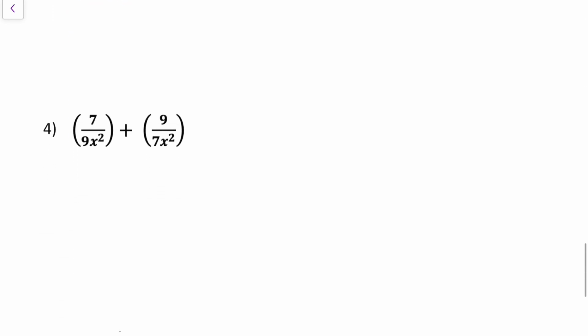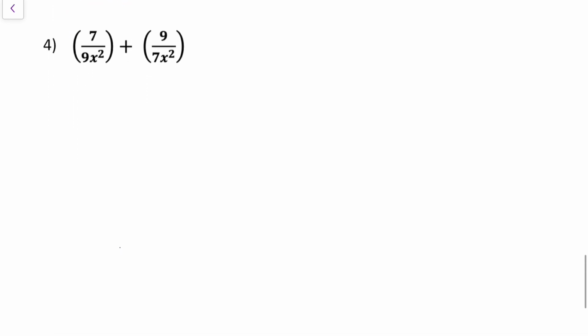Okay, let's look at a few with algebraic expressions in them. So again, when I am adding, I need to make a common denominator. And so I'm trying to find a common denominator between 9x squared and 7x squared. So if I just look at the 9 and the 7, then the least common denominator of that is going to be 63.